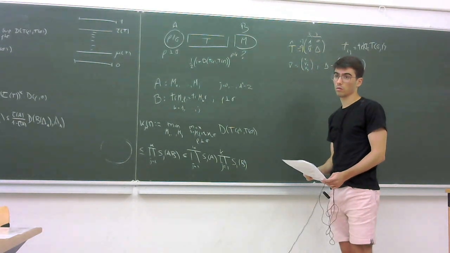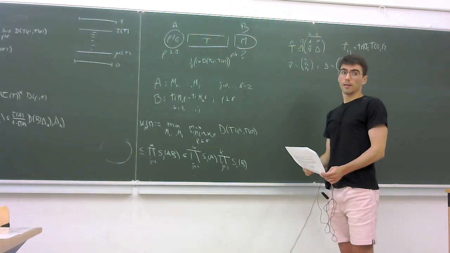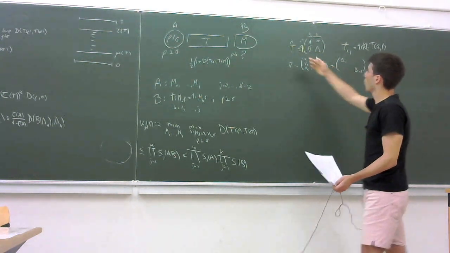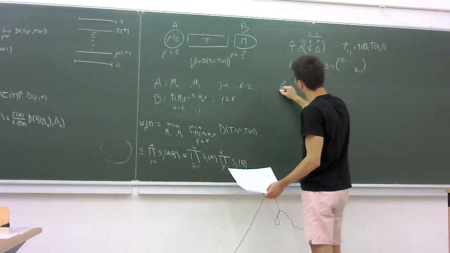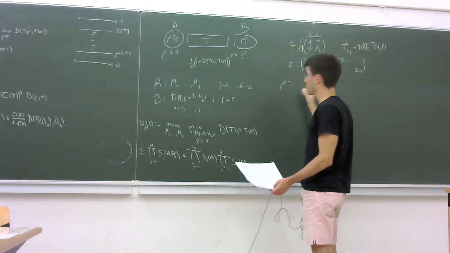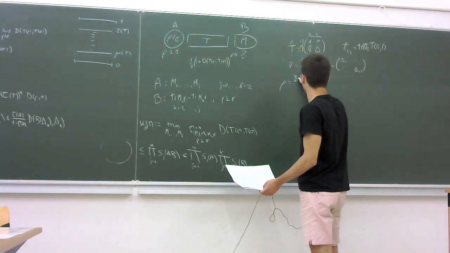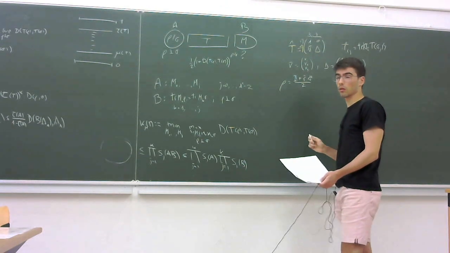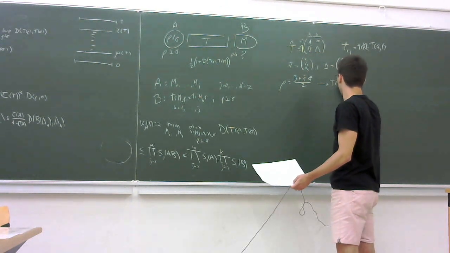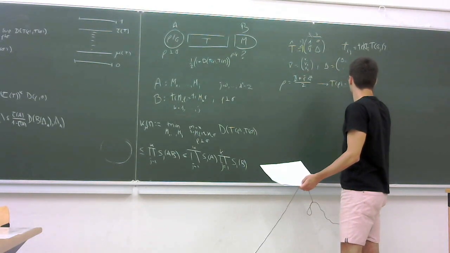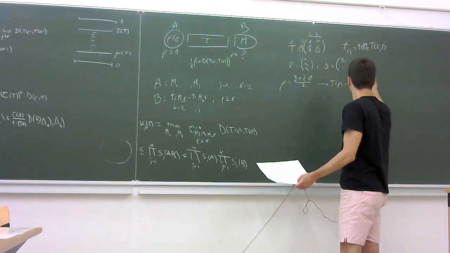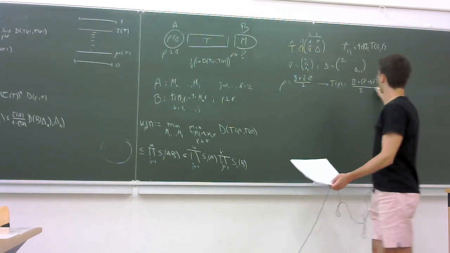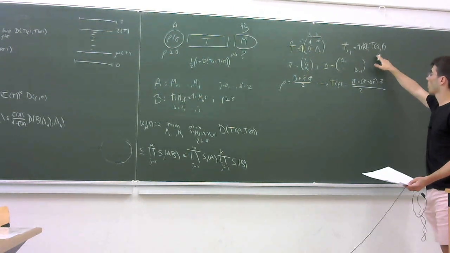Then what is the relation between these T hats and the channel itself? If you define now a state of a single qubit in the polar form, now the image of this, because of this property.